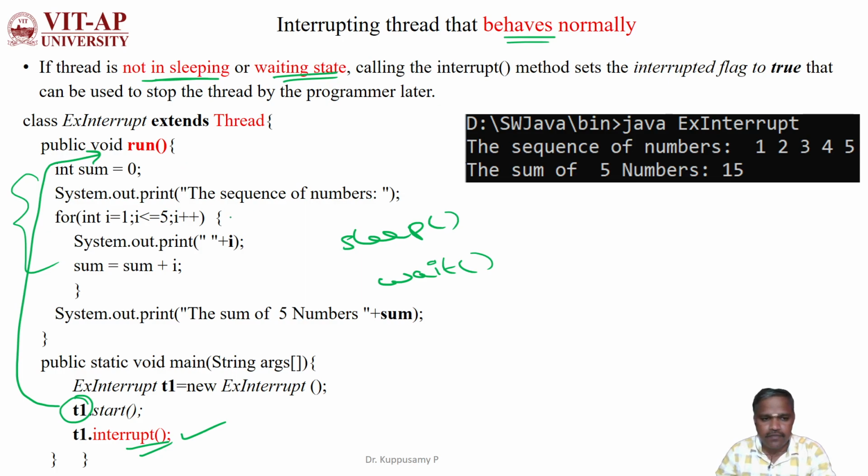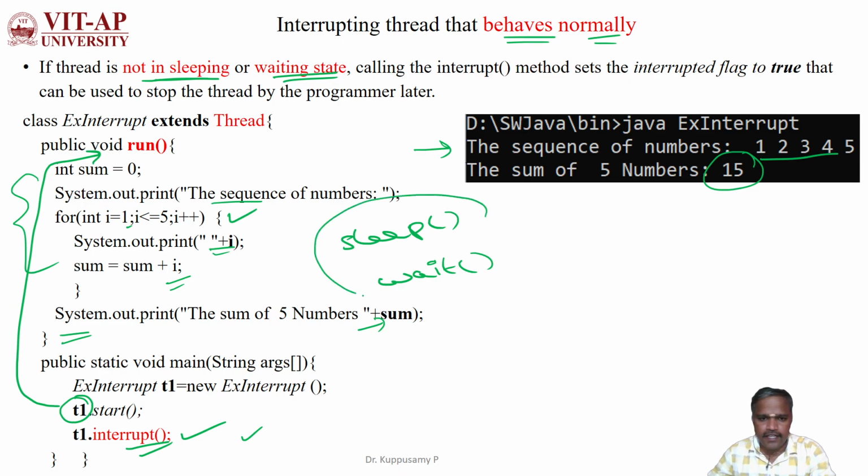It will perform its process as usual. You look at that, even though we interrupted the thread, it is performing the process, displaying all the five numbers one by one, then doing the summation of those five numbers and displaying that value.